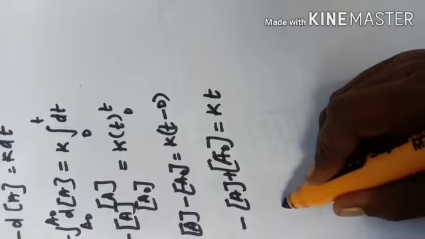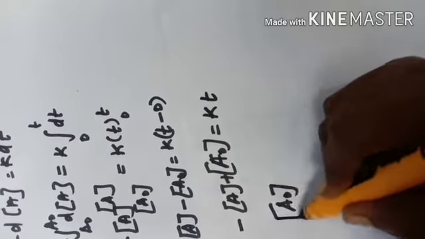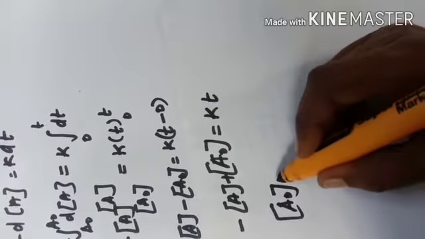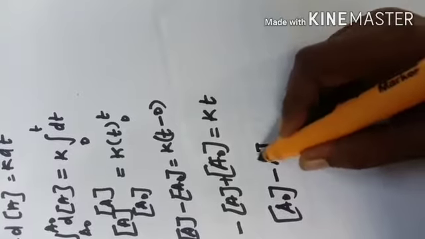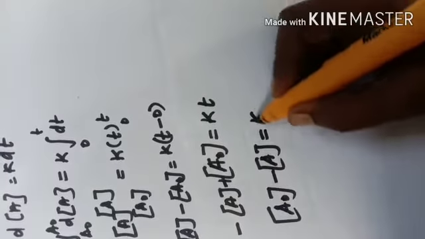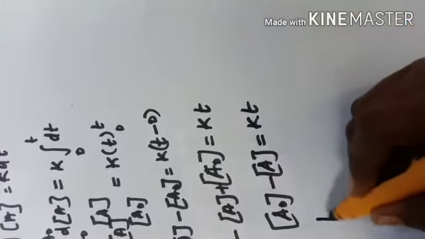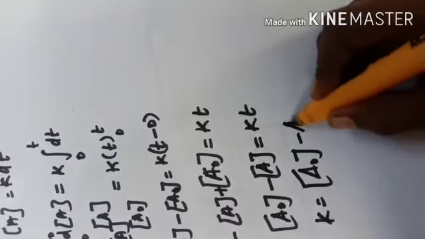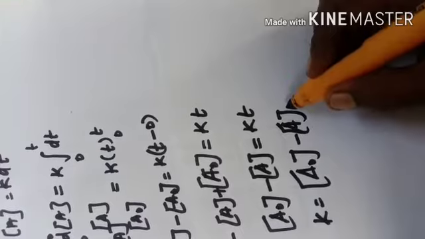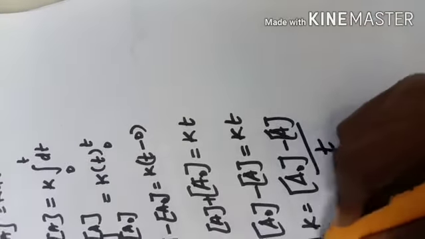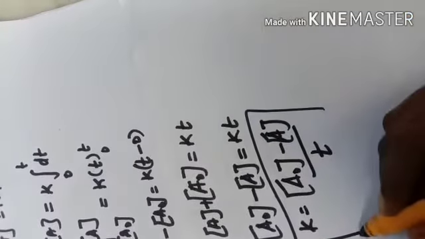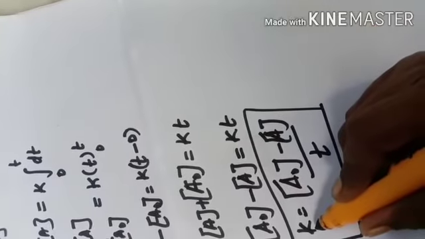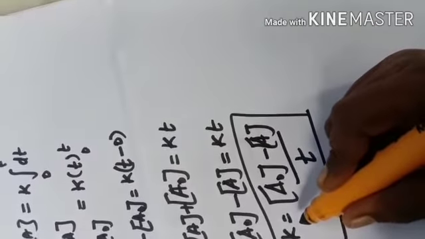This can be written as A naught minus concentration of A equal to k into t, then k equal to A naught minus A divided by t. This equation is used to find the rate constant for the zero order reaction.